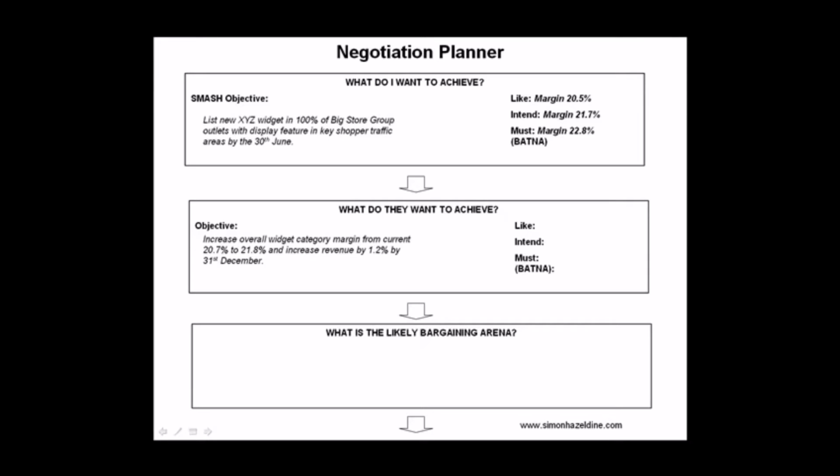Their year end is the 31st of December, so we anticipate that their procurement people will have this as an objective, a formal, perhaps key performance indicator that they want to achieve by year end. So we're starting to think about what they're likely to want.